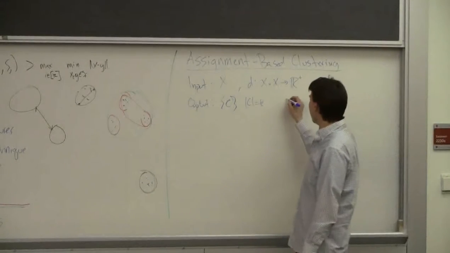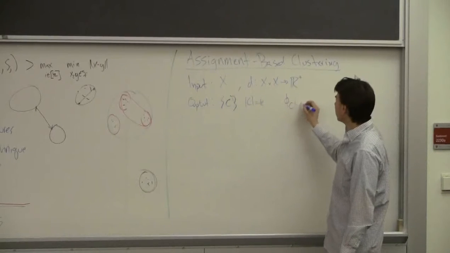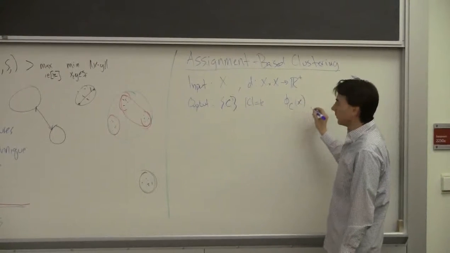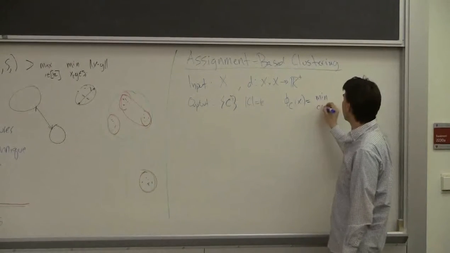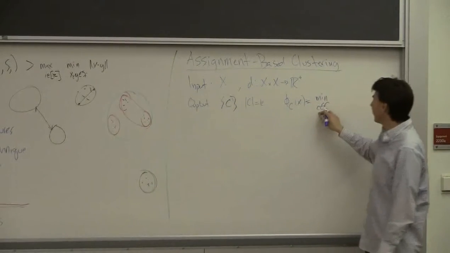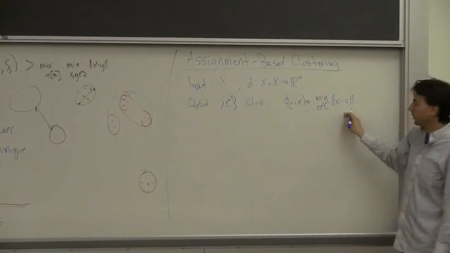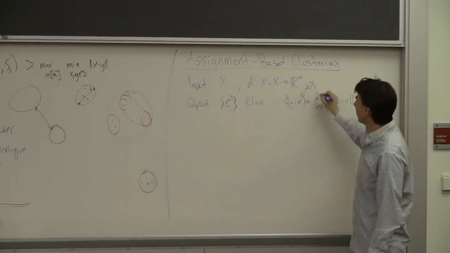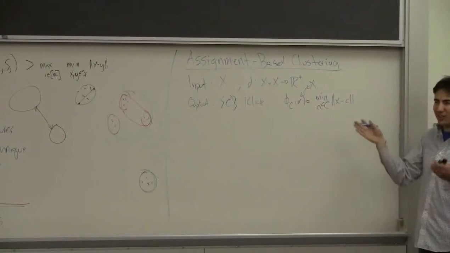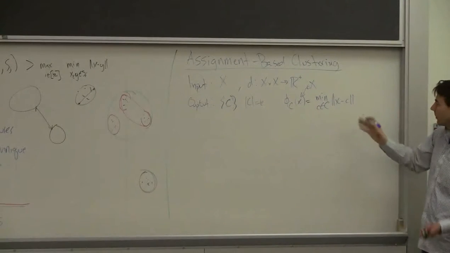And so you're going to have some function phi of c, which applied to any point x in the set is going to find the min center in the set, x minus c. Okay, so this x is going to be an element of our input set. It doesn't need to be an element, but in general, well, sometimes it'll need to be an element.